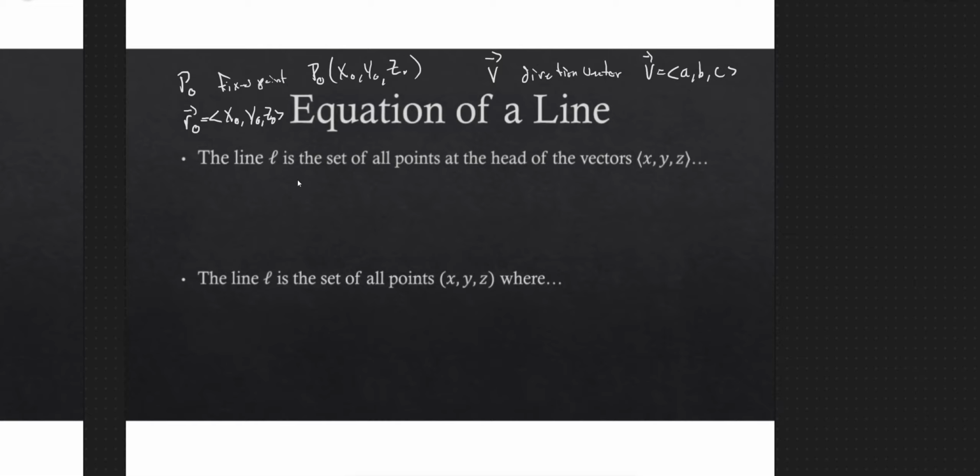And then the equation of my line is going to be x, y, z, and let me call this r of t. It is going to look like my fixed vector, x naught, y naught, z naught, plus any scalar multiple t times a, b, c, which is my direction vector.